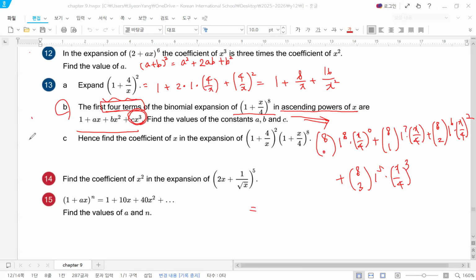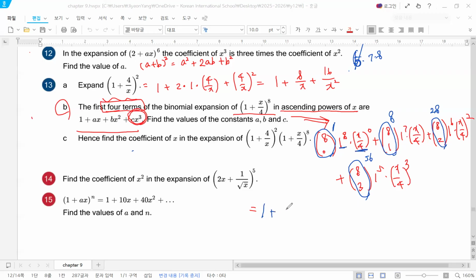So by using your calculator, this one is 1, this one is 8, this one is 28, this one is 56. Yes. So this one is 1, this one is 1.